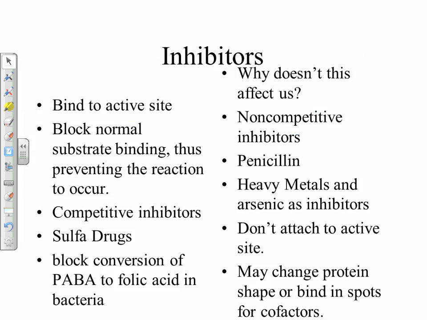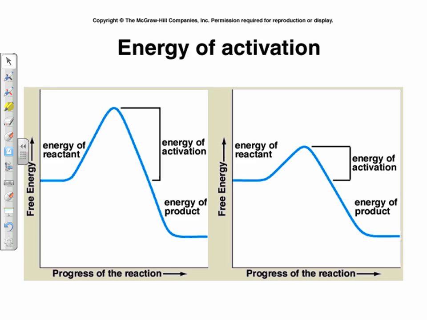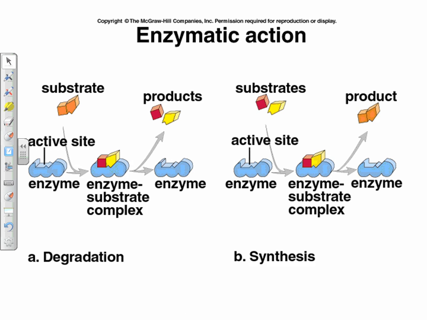So let's back up a little bit. All right, we looked at this equation, and I put it in symbols: I said E for enzyme plus S for substrate. They react together.